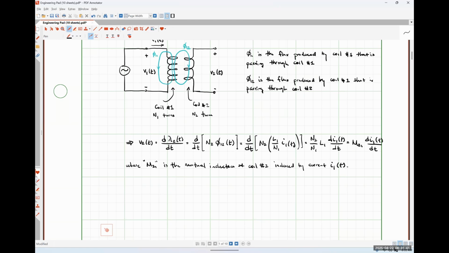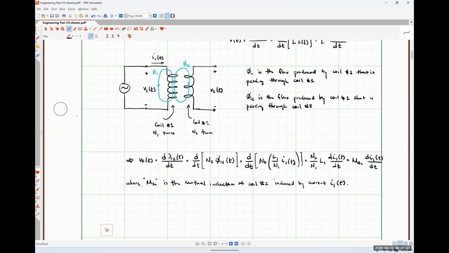So if we were to reverse the roles of our two coils here, so let's say that we excited coil 2 and left coil 1 open circuited, what would we expect to happen?